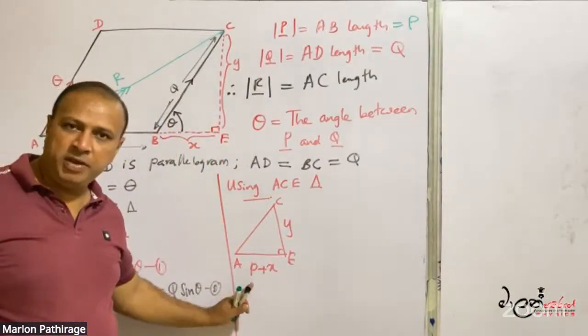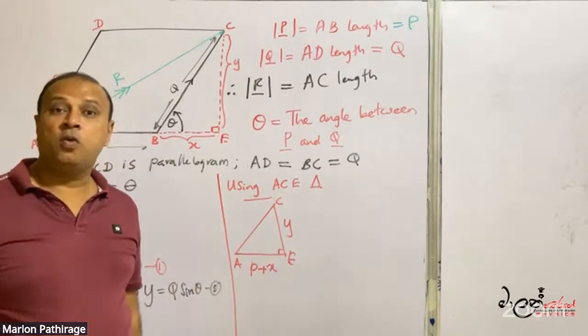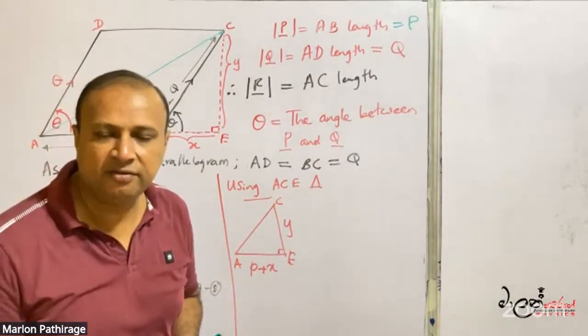AE equal to P plus X, CE equal to Y. If you got that down, please raise the hand.